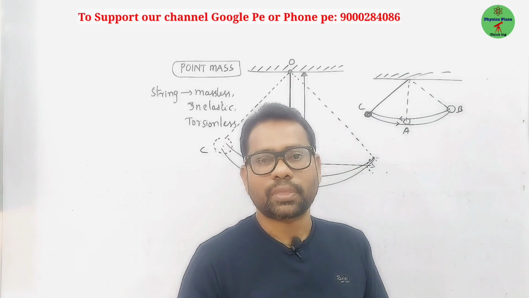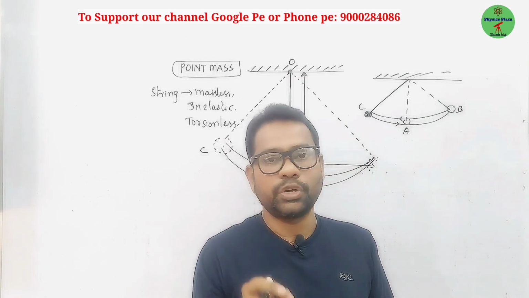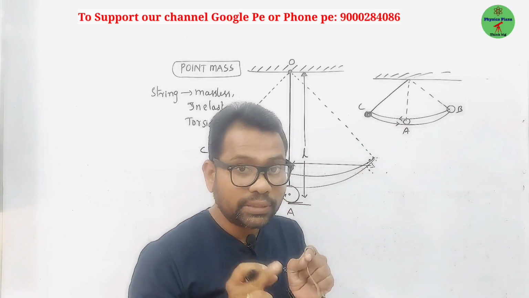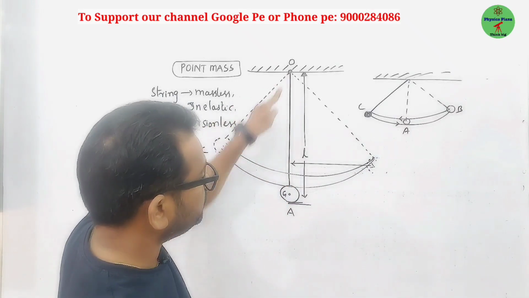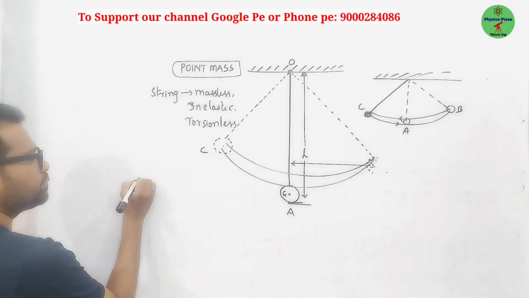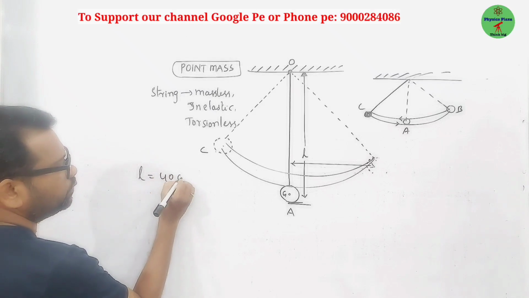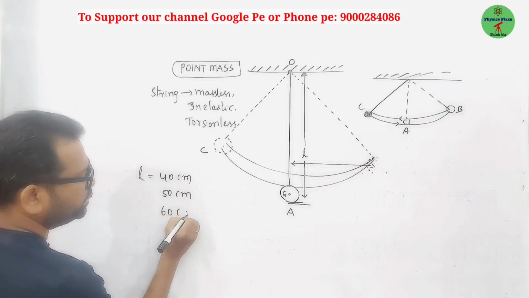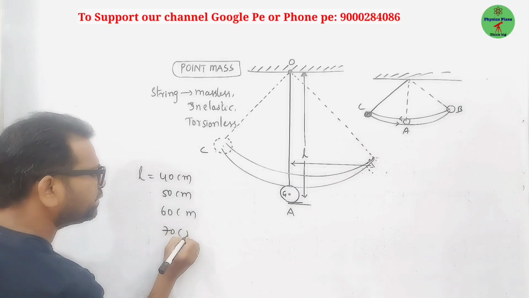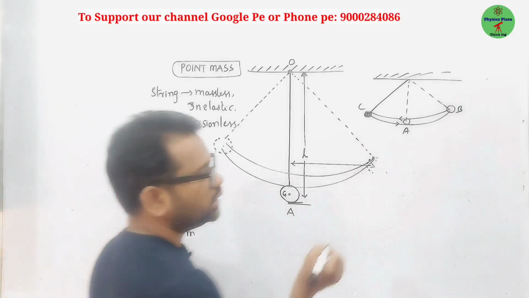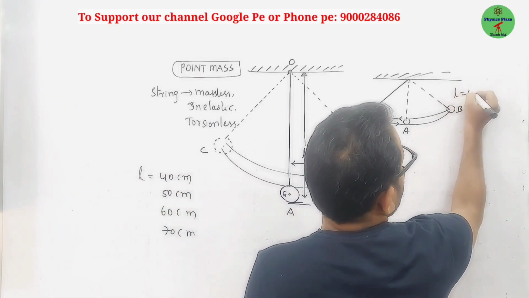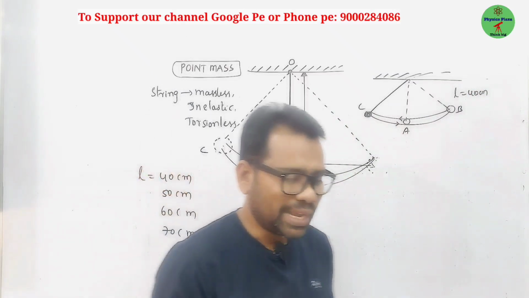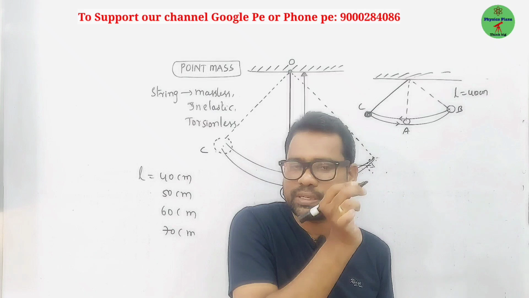First we will fix the effective length, from the point of suspension to the center of the bob. We can try 40 centimeters, 50, 60, 70, different lengths. First let us say the length we have taken is 40 centimeters. The time taken for one complete oscillation is called time period.